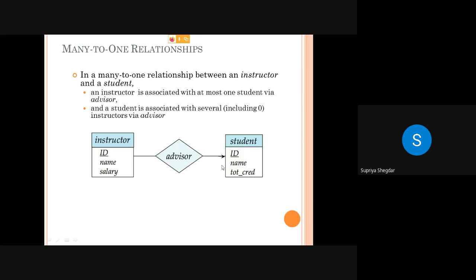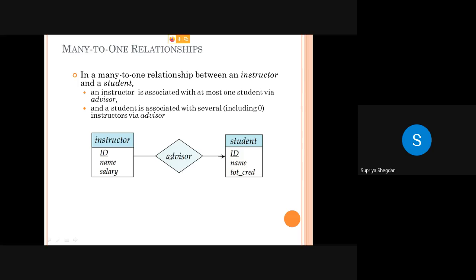Then many to one is exactly the opposite of one-to-many. The many-to-one relationship between instructor and student is that an instructor is associated with at most one student via the advisor.